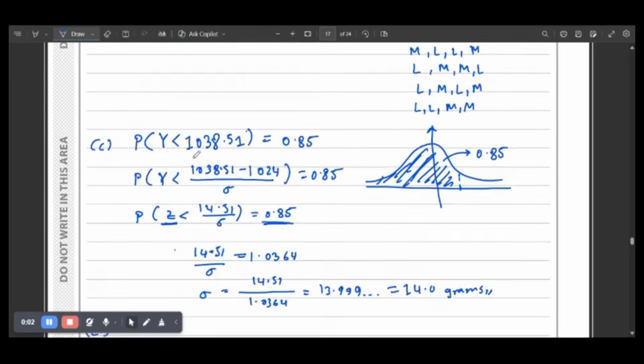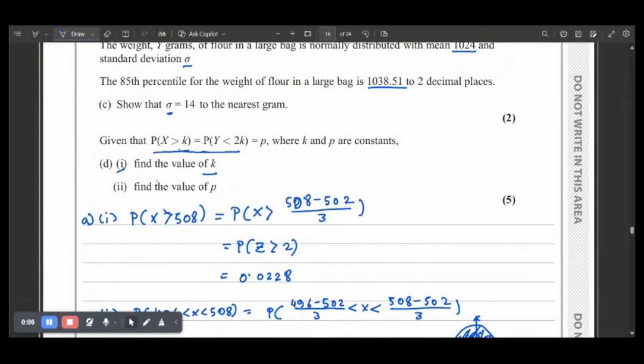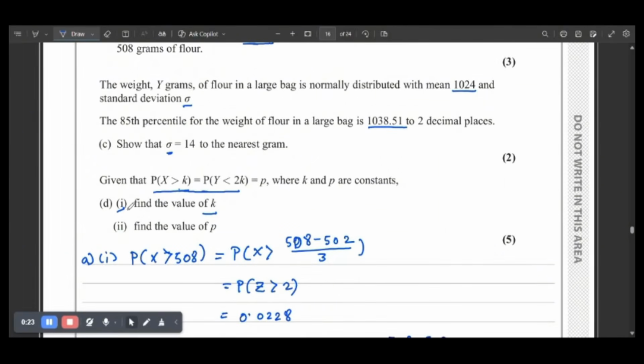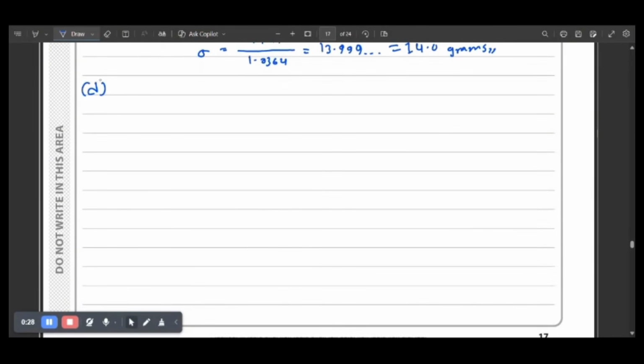Now for part D, it is given that the probability of x being greater than k is equal to the probability of y being less than 2k. Our question is to find the value of k. What we can do is convert the value of k to a standard value.